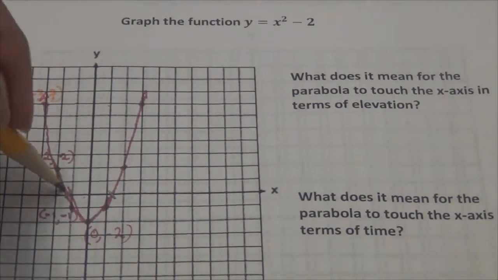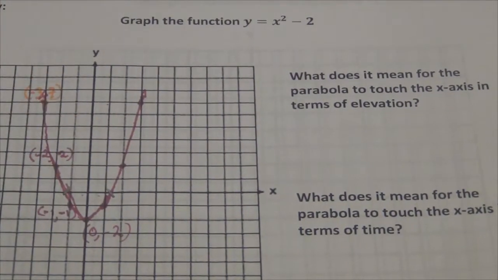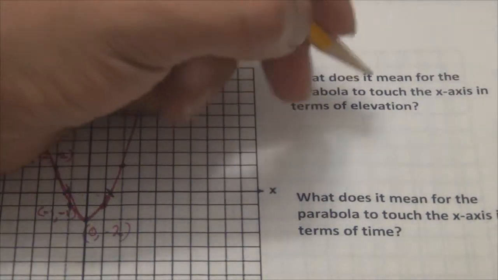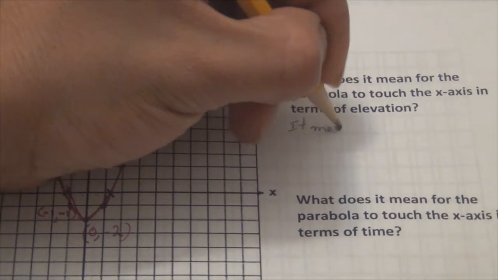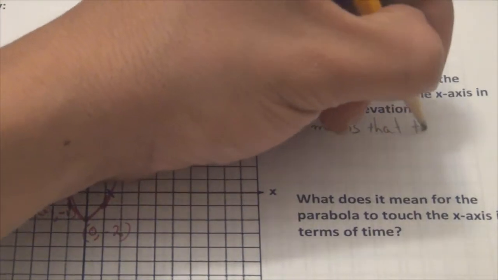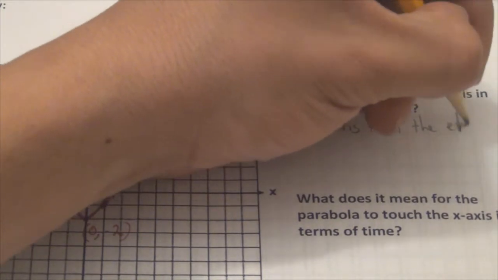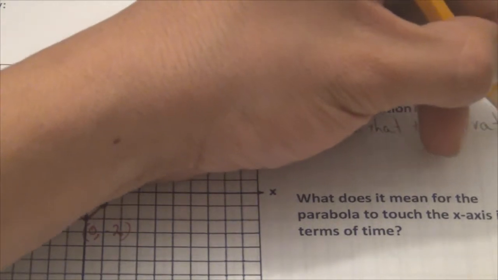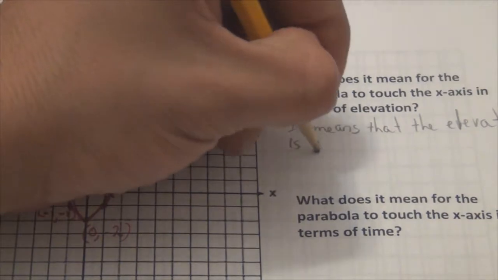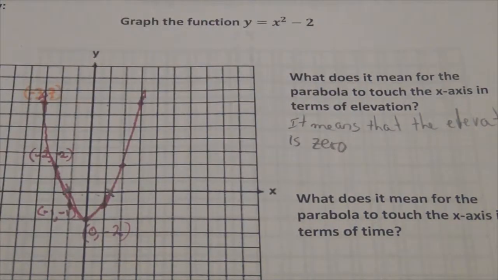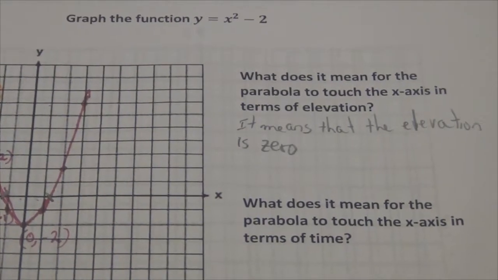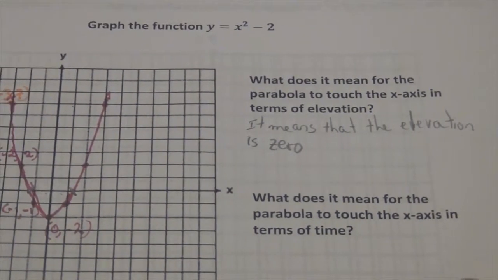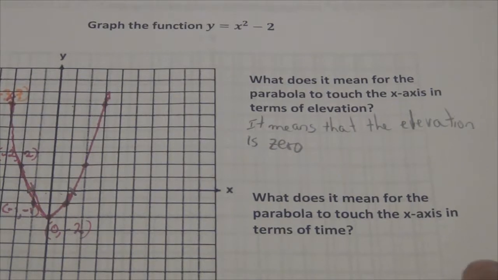It means that it has reached an elevation of 0. It means that it hit the ground, right? But in terms of elevation, it means that the elevation is 0.